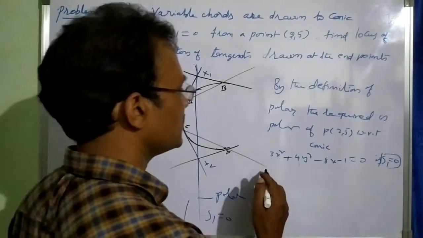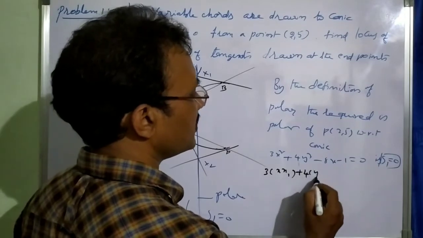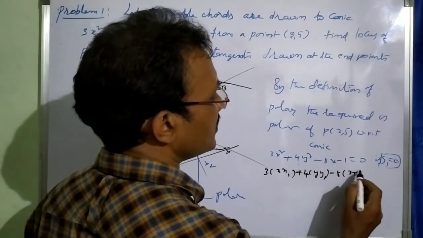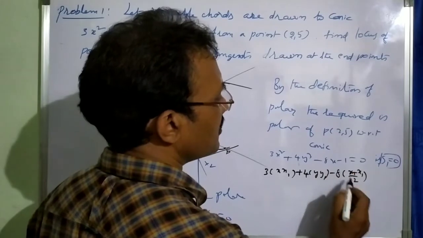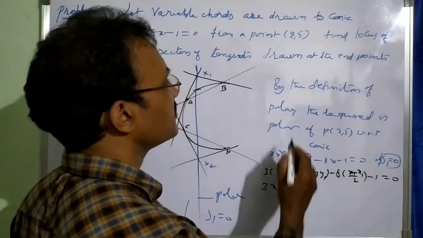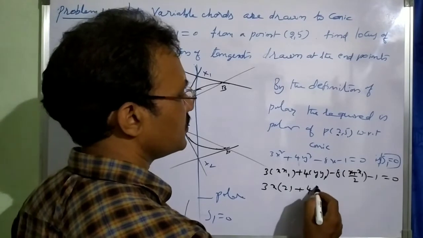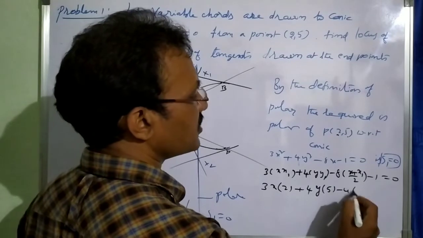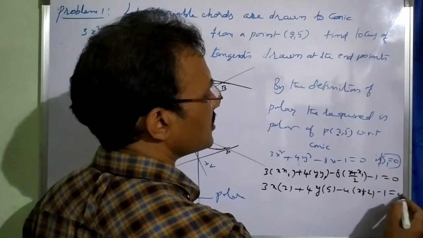So here S1 is 3·x·x1 + 4·y·y1 - 8·(x + x1)/2 - 1 = 0. With x1 = 2 and y1 = 5: 3·2x + 4·5y - 4(x + 2) - 1 = 0.